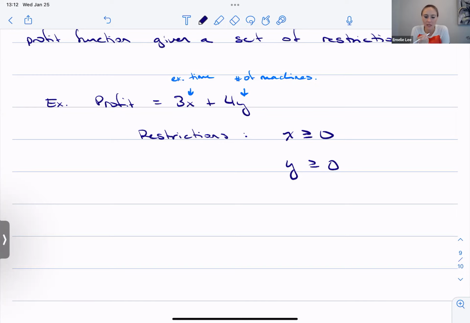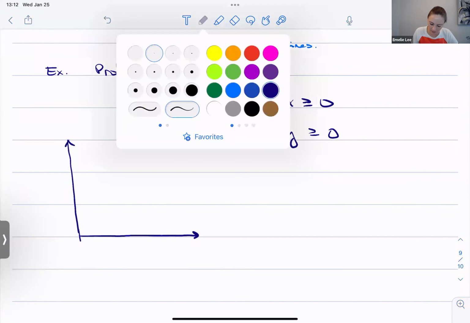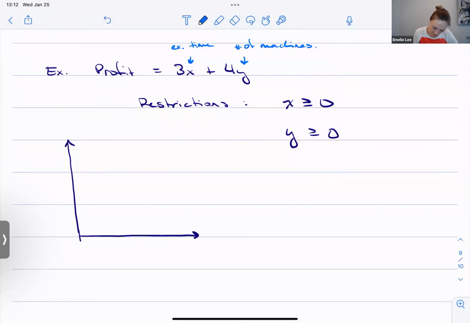Graphically, what this translates to is you're going to have a graph like this. X has to be greater than or equal to 0, which means on the graph, oh my gosh, I did it for the wrong one. X is 0 here, at the origin.